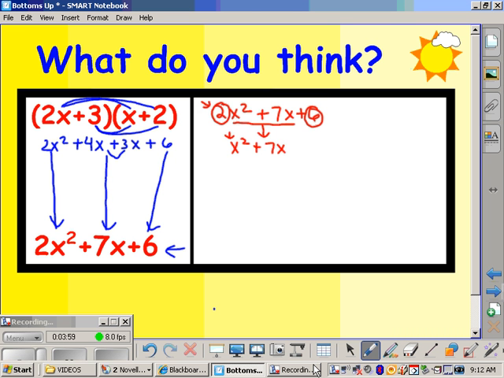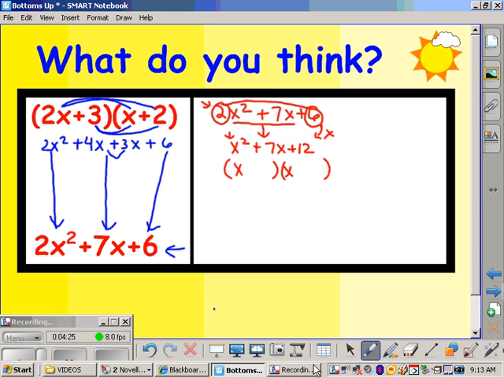To get our constant at the end, we're going to take our 2 and our 6, our circled numbers, and we're going to multiply them, and that will now become the constant of our new trinomial. From here, we will use double bubble, as we did in the last problem, and we will factor x squared plus 7x plus 12. However, this will not be our final answer.